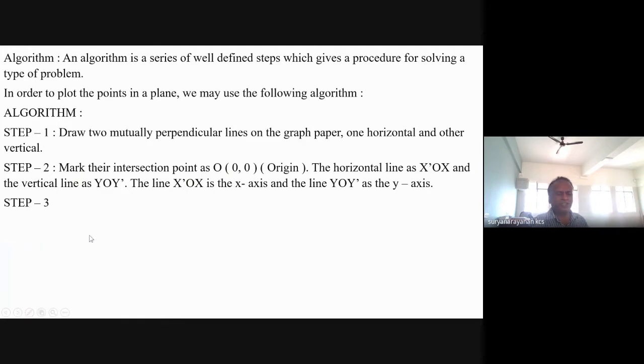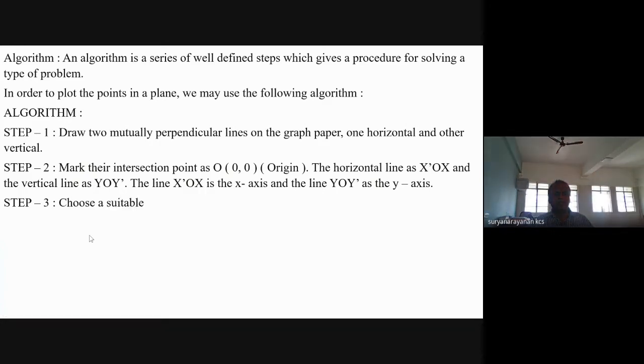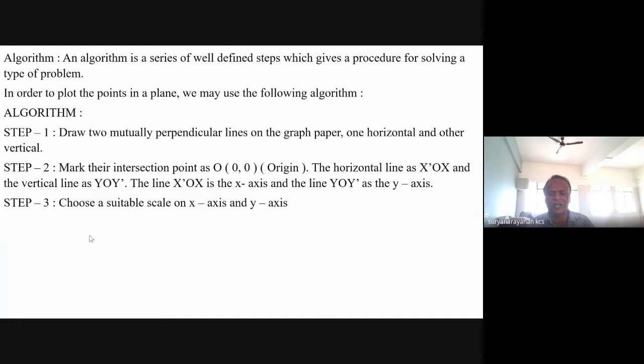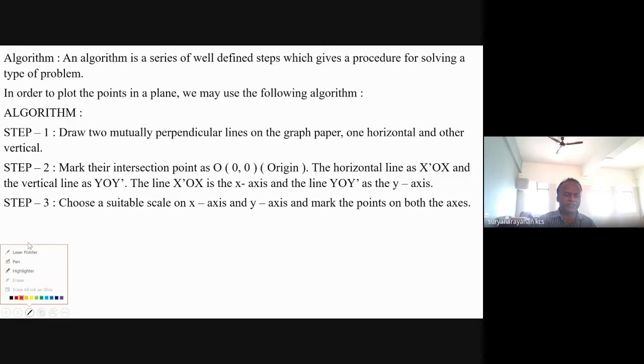Now come to the third step, step 3. Choose a suitable scale on the x-axis and y-axis and mark the points on both the axes. After taking the two axes, we have to choose a suitable scale.